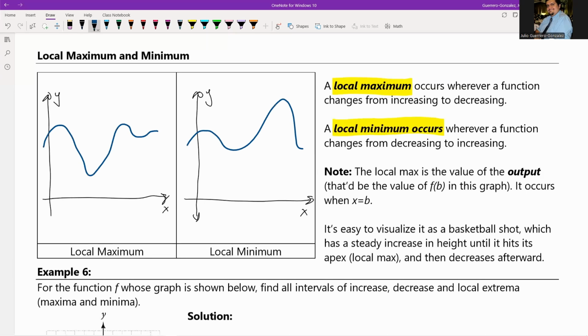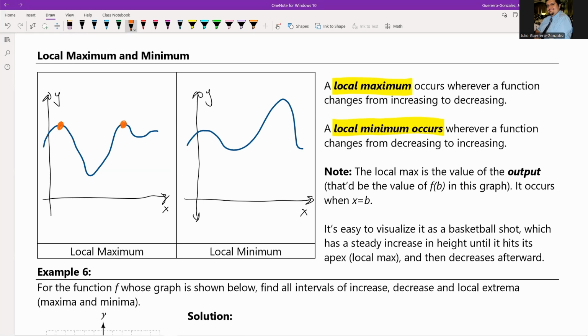There we go. Okay. Local maximums are going to be these points. You guys see that one? If you look at our functions, as we read them from left to right, at each one of those points, before the point, it was increasing, and then after that point, it's decreasing, right?